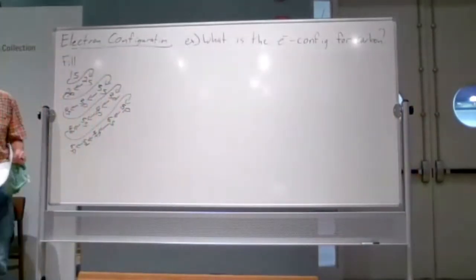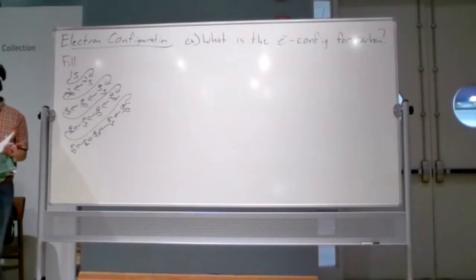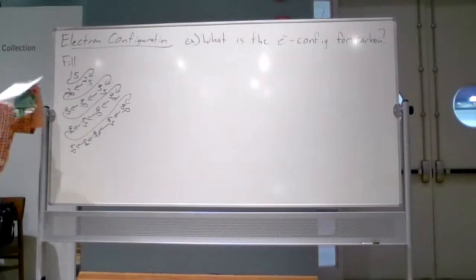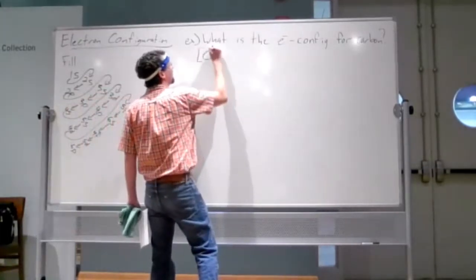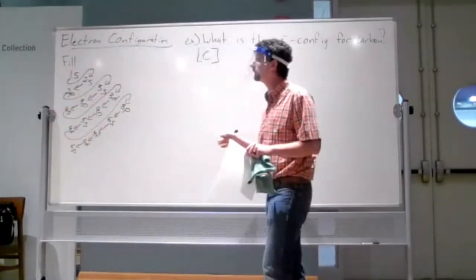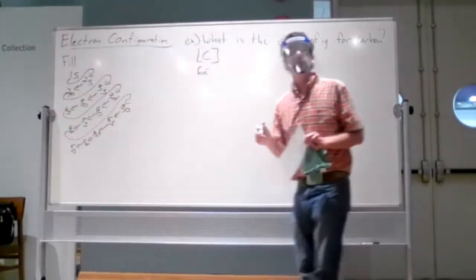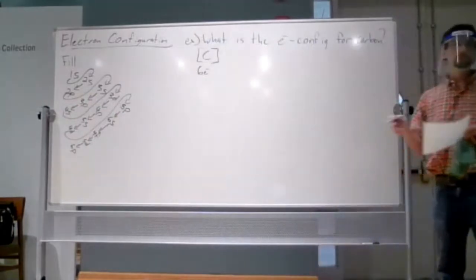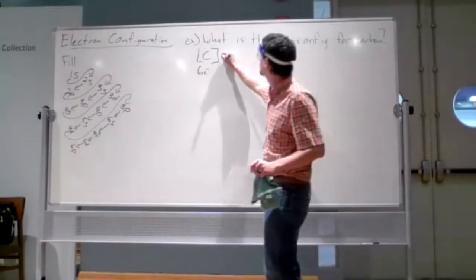First thing we have to know, what's the atomic symbol for carbon? Good, you're alive from the neck up. We got carbon. How many electrons in total does carbon have? Yep, 6 electrons. Now we need to start filling orbitals. What is the first orbital we're going to encounter, lowest in energy?